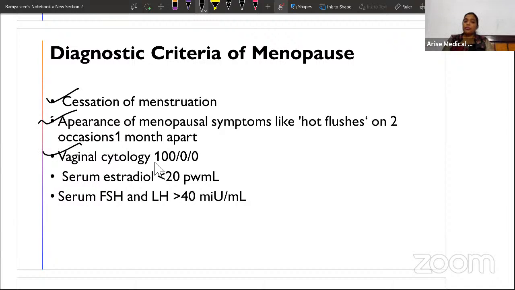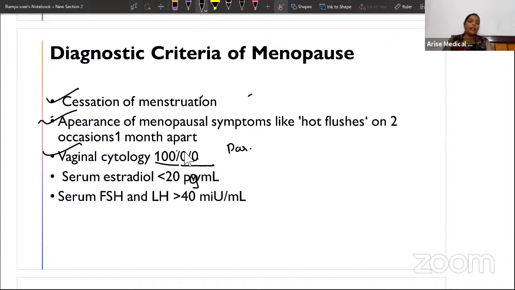Vaginal cytology shows 100-0-0. So what is this 100-0-0? Parabasal and basal cells are 100. Intermediate and superficial cells are 0 and 0. Superficial cells are estrogen dependent. They're pink and polygonal. Intermediate cells are progesterone dependent. They're blue and polygonal.